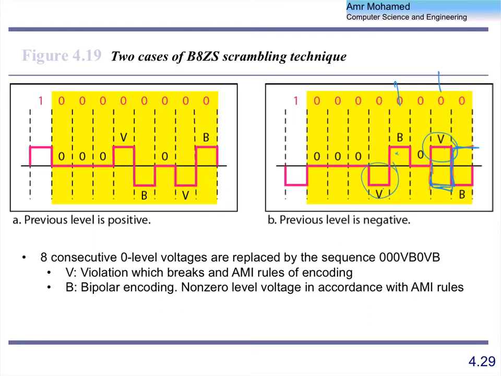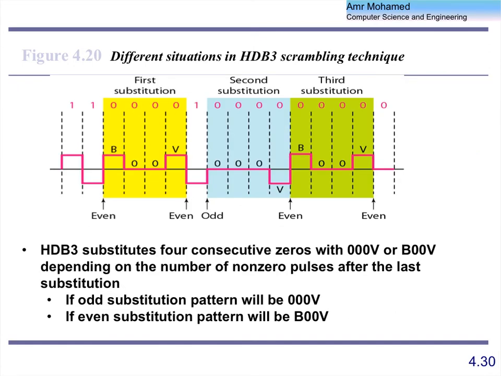Okay, it's done on every 4 zero bits. The scheme is actually used in all the other countries, all other countries other than the US. The US always tries to be very special. So outside of North America, this is the one that's used, HDB3.